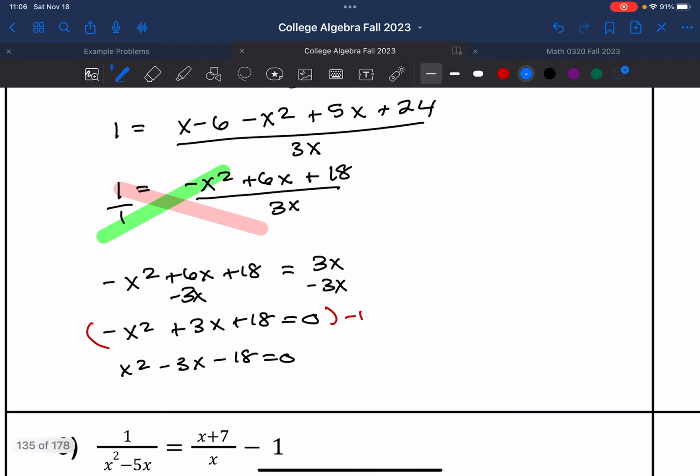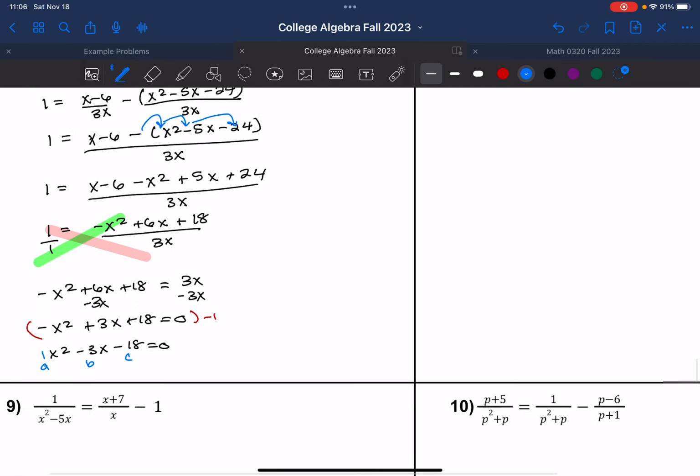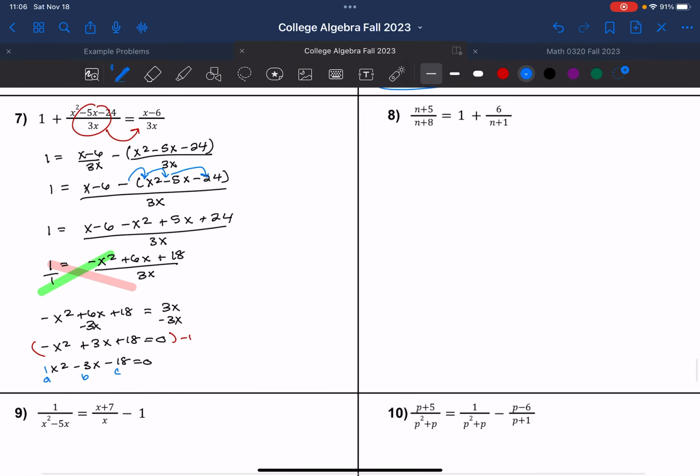Now when I look at this, I have my a, my b, and my c value. Okay. Since it is a quadratic equation, I'm going to use the AC method to factor. So I'm going to be going up here, doing my A times C method.